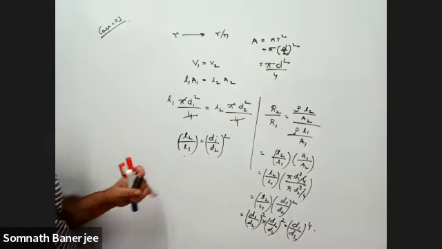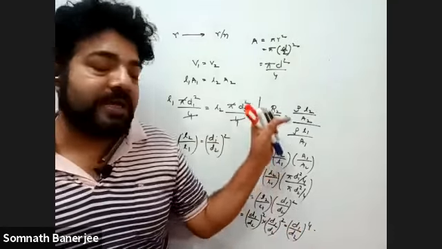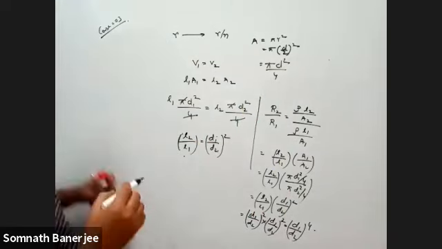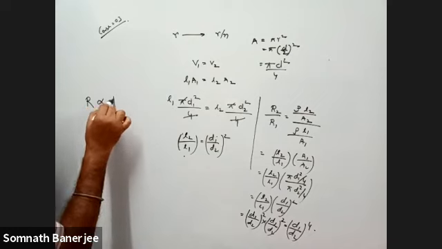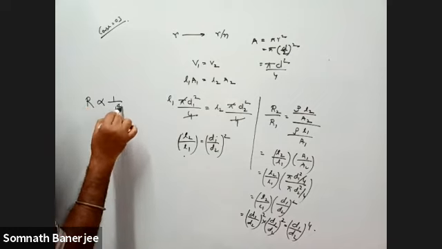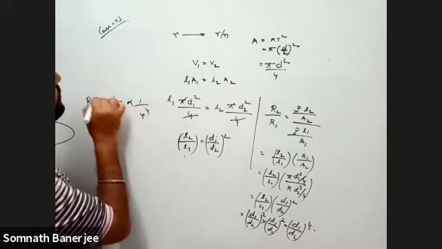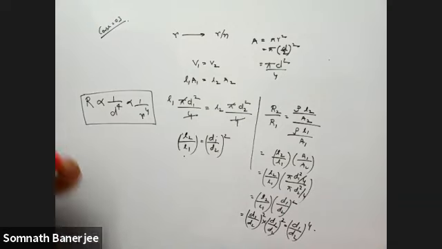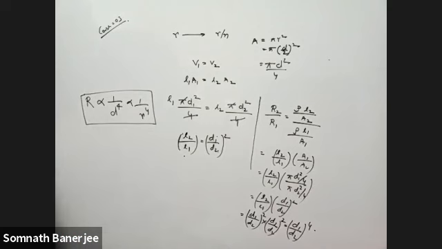So now see, R2 by R1 is D1 by D2, one for two and two for one. What do you mean by that? That means it's inversely proportional. So we can say that R is inversely proportional to diameter to the power 4, or to radius to the power 4, if they mention that by stretching or compressing, the radius or diameter of the cross-sectional area changes.